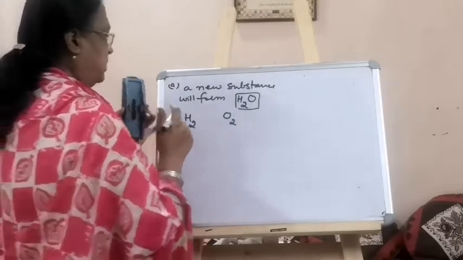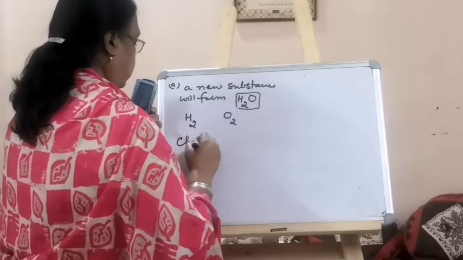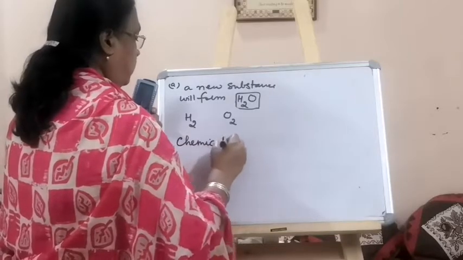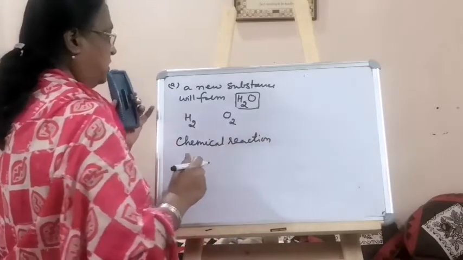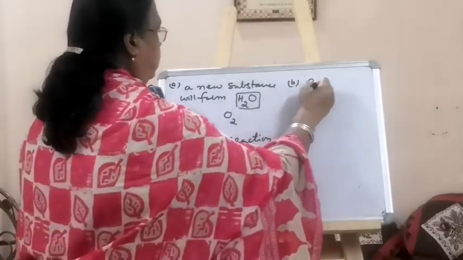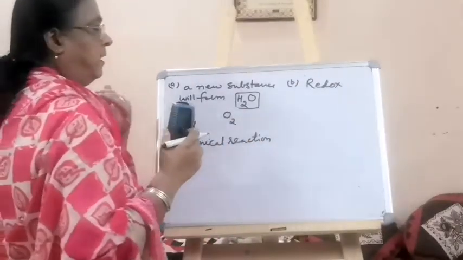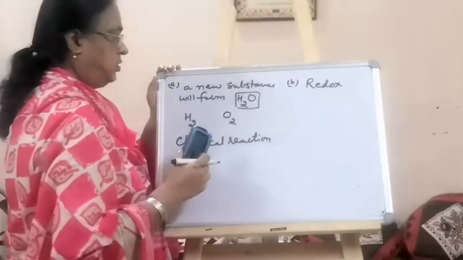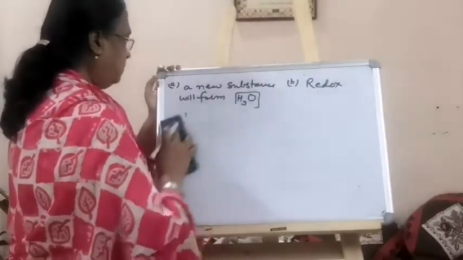So in this case, new substances are formed. So the reaction is a chemical reaction. You know, chemical reaction means chemical change where new substances are formed. In this case, the reaction is redox. Redox means reduction and oxidation take place simultaneously.